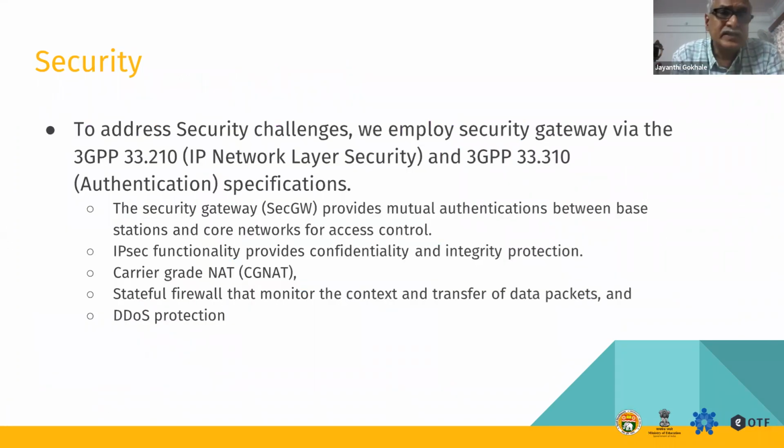And when it comes to security, you also have 3GPP 33.210 and 33.310, one acting at the network layer, the other acting at the application and authentication level. Both these specifications are robust, well-defined, and can be clearly implemented through the so-called security gateway policies.